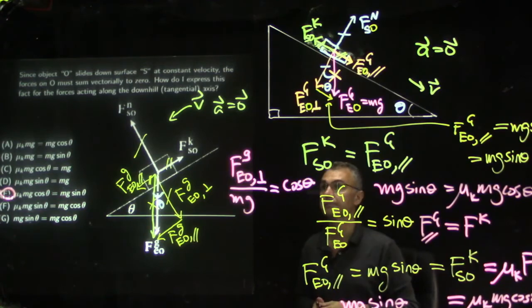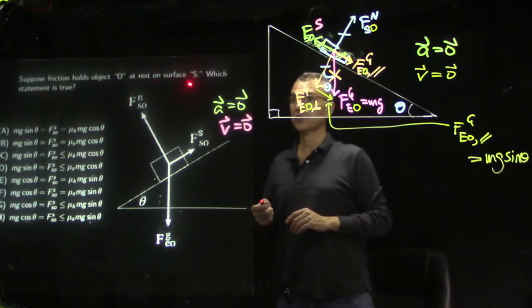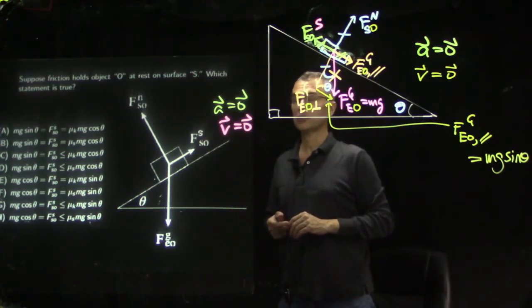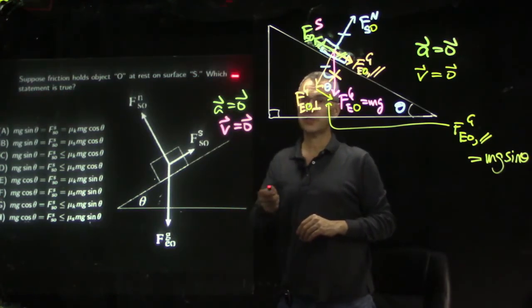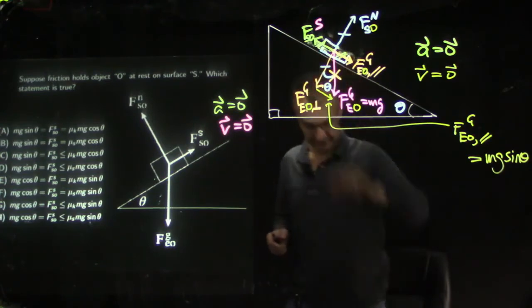I like that one. Suppose friction holds object O at rest on the surface. Which statement is true? Okay, so now the acceleration is 0, so the forces have to balance. The velocity is 0, so it has to be static friction rather than kinetic friction.